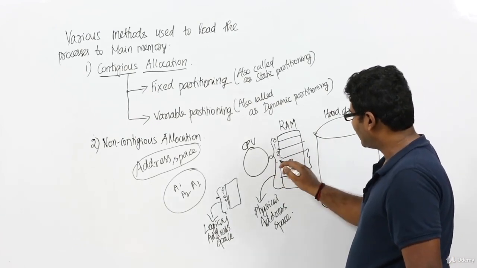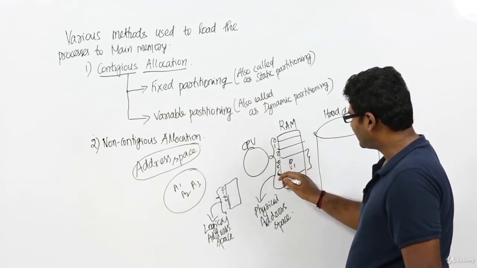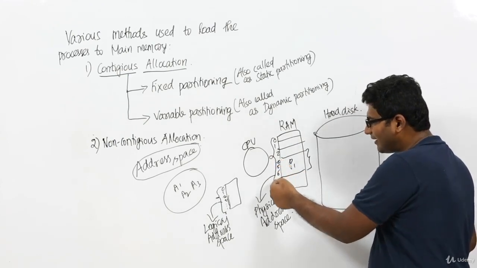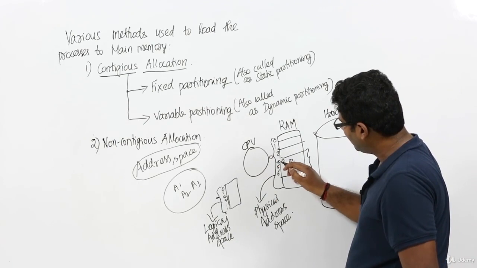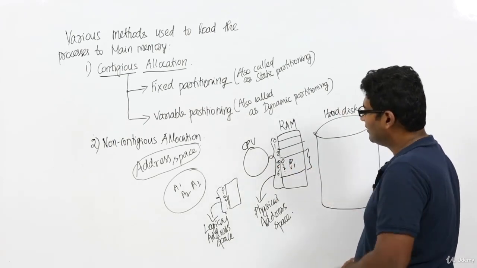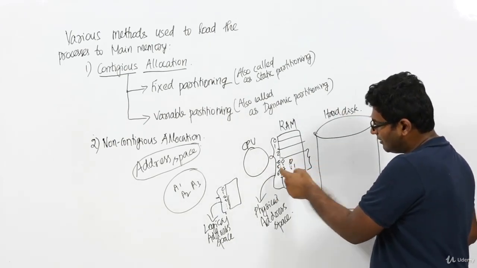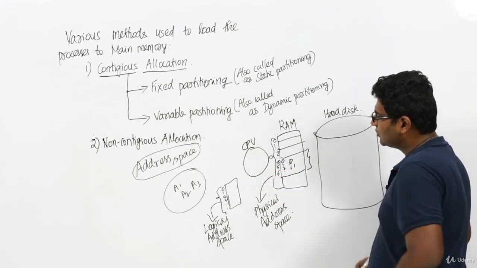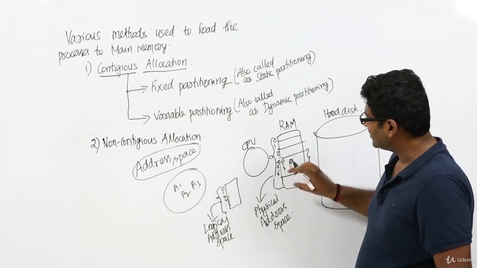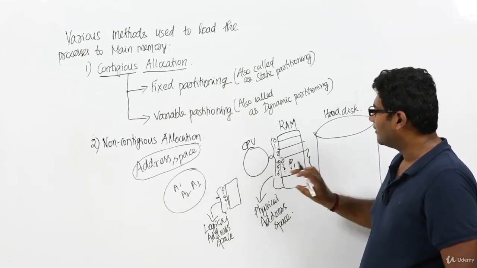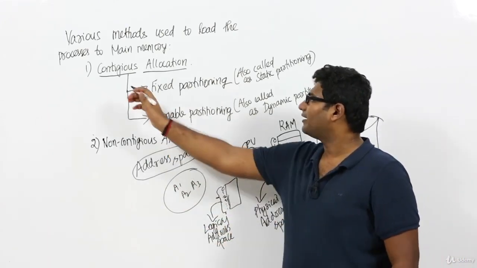For example, it has addresses 4, 5, 6 in the RAM, which are contiguous, and the process has addresses 0, 1, 2 and so on. These are addresses of our process, these are addresses of the RAM. So all the addresses of our process are placed in contiguous addresses of our RAM, and we say this is contiguous allocation.